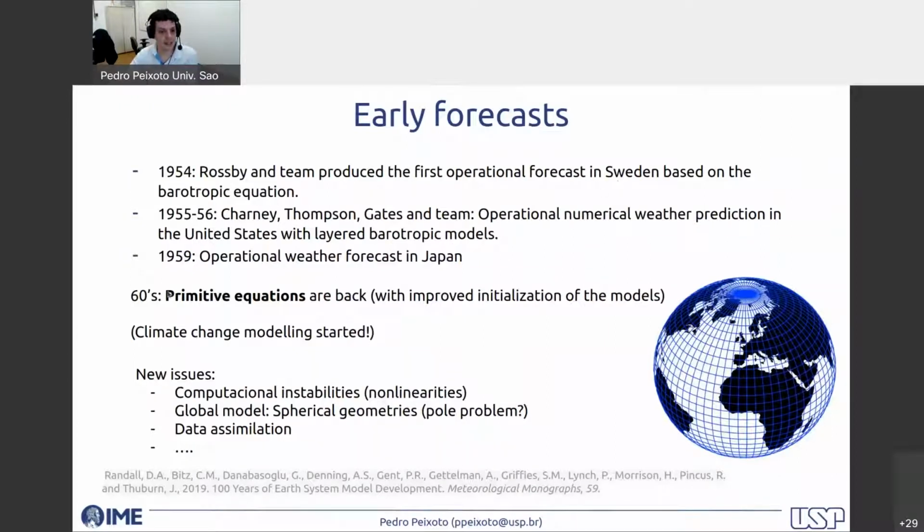And then in the 60s, we reached what was called the primitive equations, which was what Richardson had done in the 20s, right? That was possible because they realized that Richardson had done something wrong with the initialization of these models. And that's basically where climate change modeling also started.